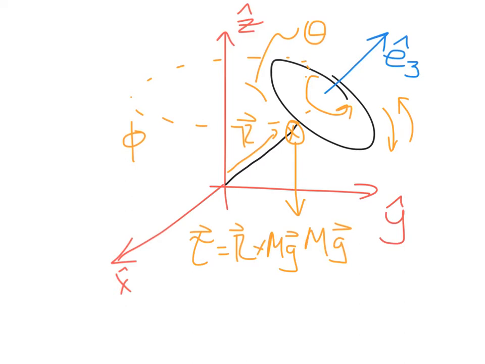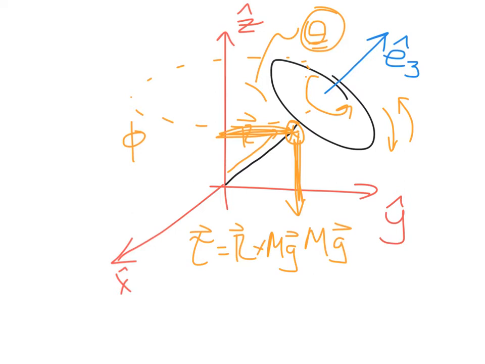And each of these motions will have an associated kinetic energy. But only one of these coordinates, the theta coordinate, will actually have a potential energy associated with it. And of course the potential energy you can see here is going to be just related to the height of the top's center of mass above the xy plane. And the only coordinate, of course, that relates to that potential energy is going to be the theta coordinate. Psi and phi have nothing to do with the potential energy.